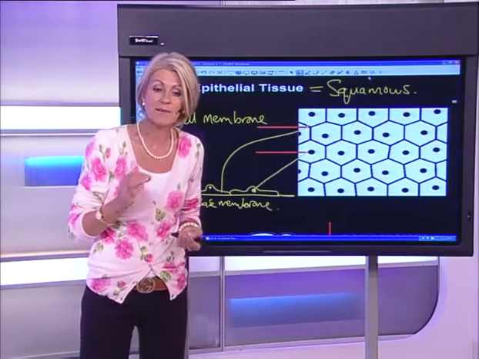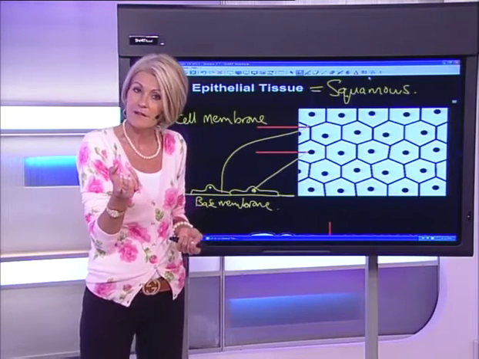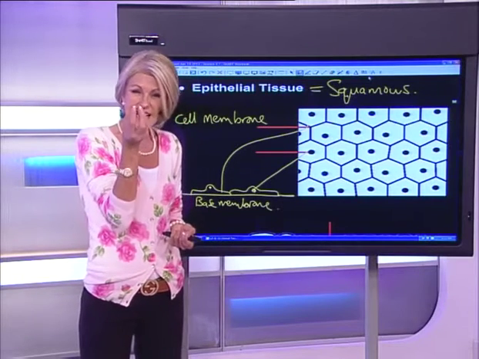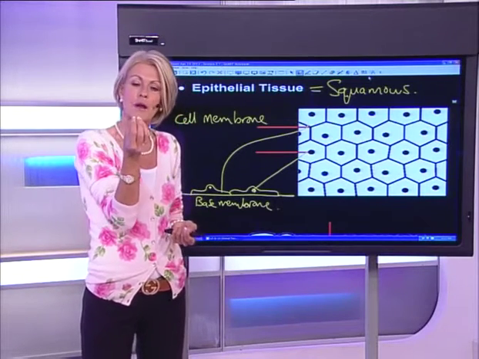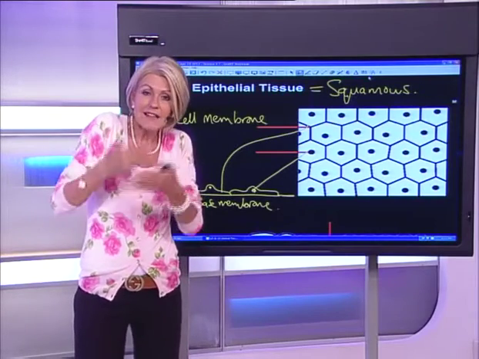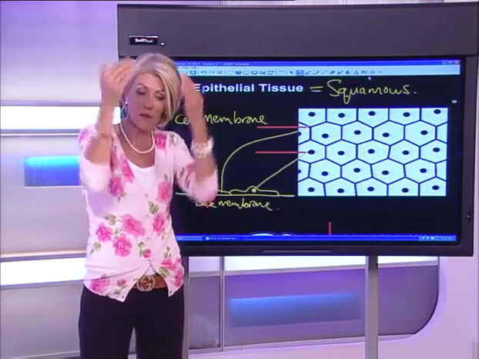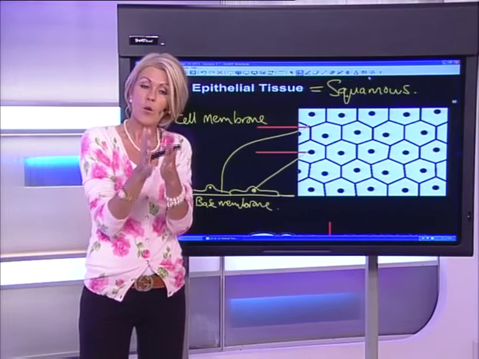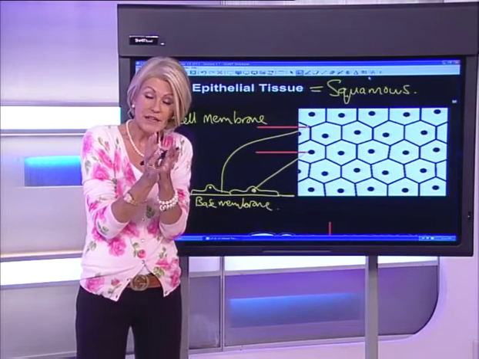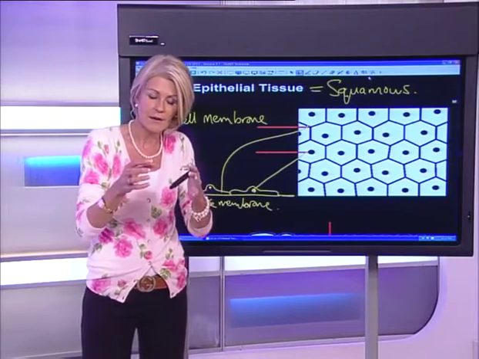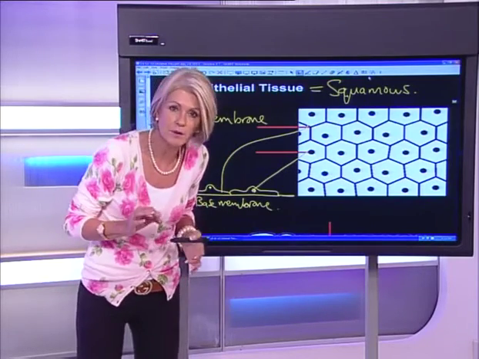You'd find squamous epithelium in the alveoli of the lungs. Now, what do you have to do there? That little alveoli is a tiny little thing that looks like a grape. And on the inside, it's this empty bag so that gases can come in and out. That's why you breathe. But when the oxygen's there, you need that oxygen to get across into the capillaries as quickly as possible.